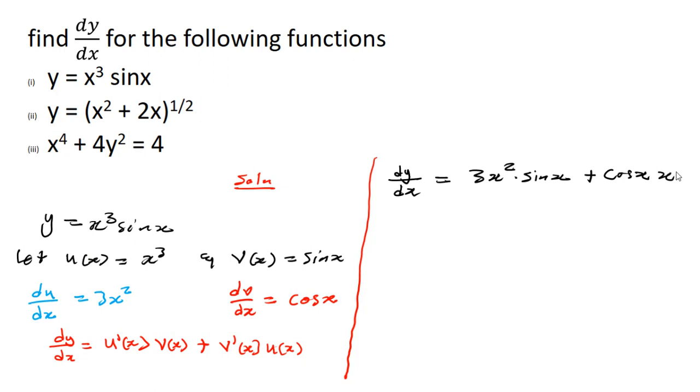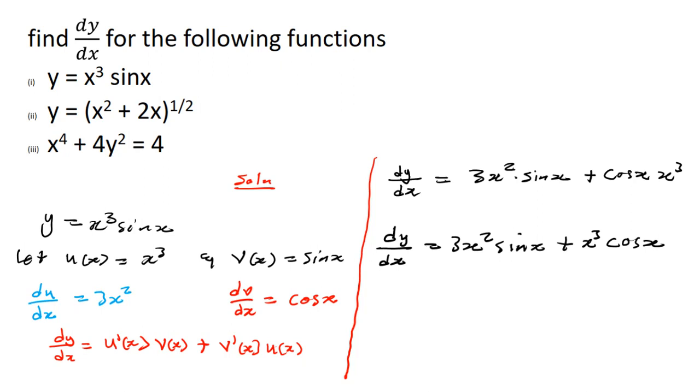So if we write it properly, dy dx is simply equal to 3x squared sine x plus x cubed cos x. So this is just the answer for the first question.